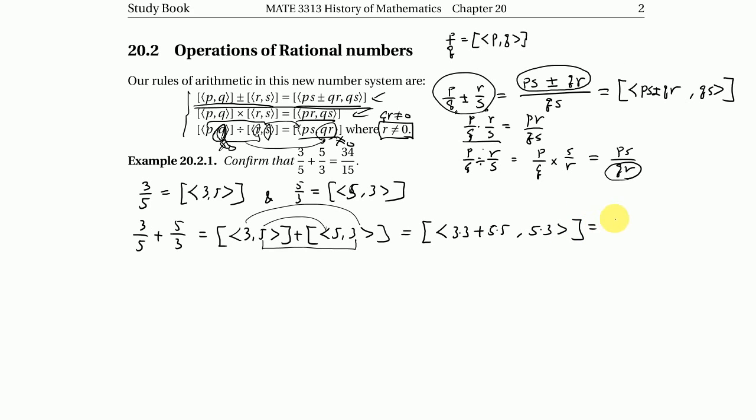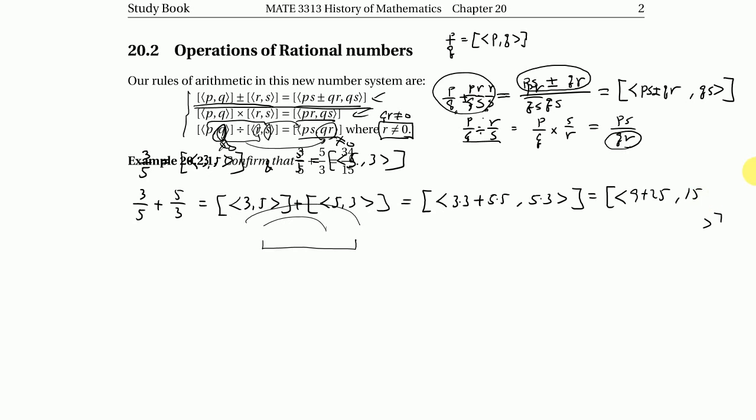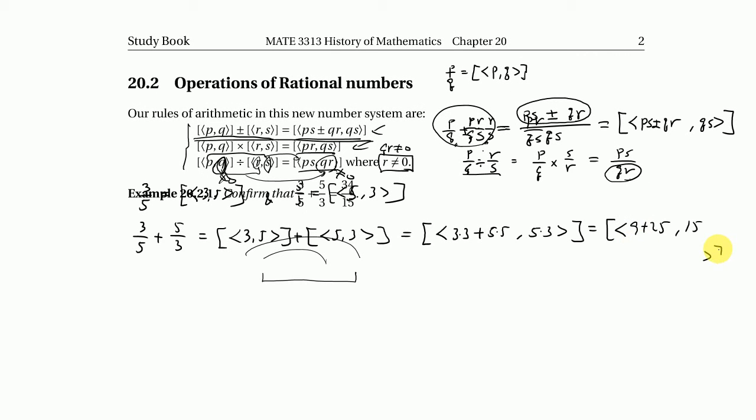So altogether, it's 9 plus 25, comma, 15. So it must be (34, 15), right? And there is no cancellation.